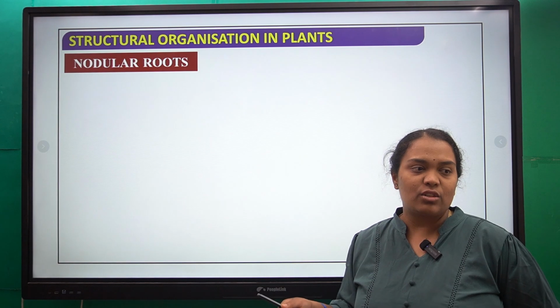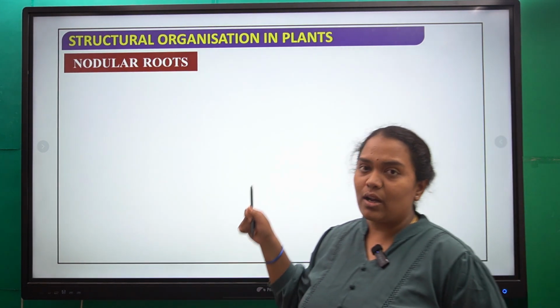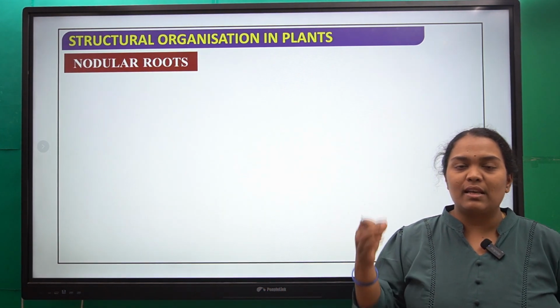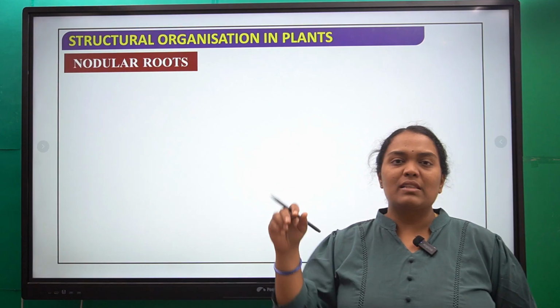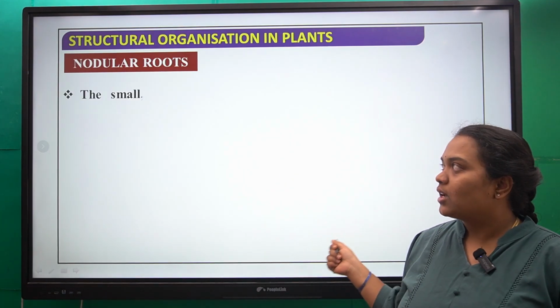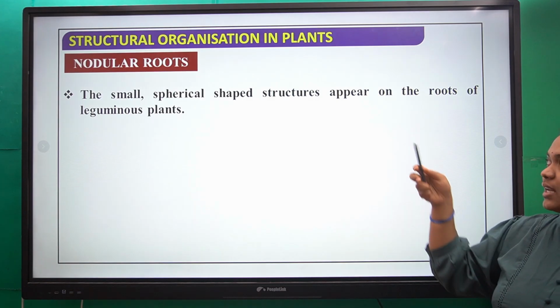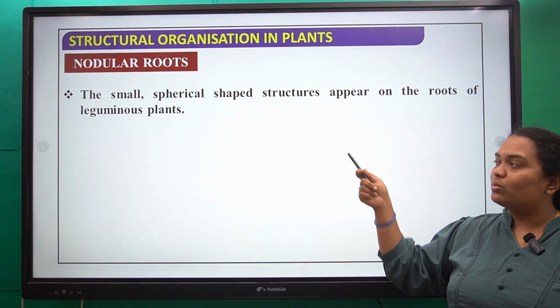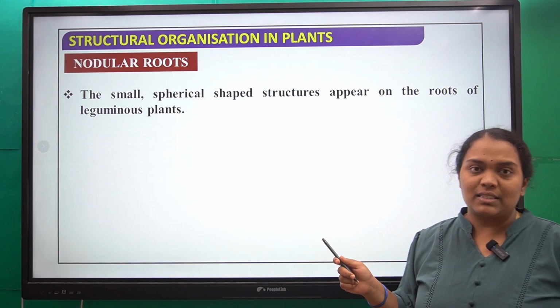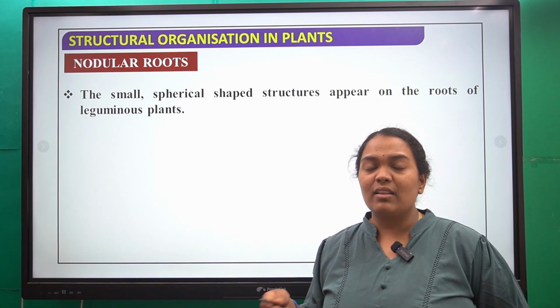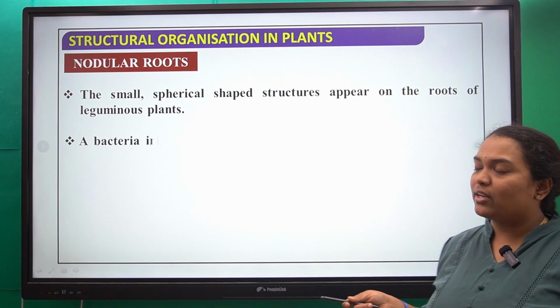Next modification of the roots is nodular roots. Nodular, from the name itself, on the root there are many bulged out areas called nodules. These small, round, spherical structures appear on the roots of leguminous plants like beans, which have the function of fixing nitrogen.